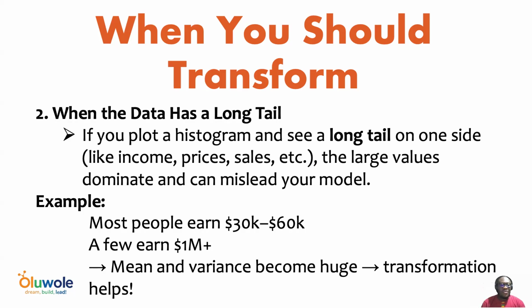If you're not careful, your model thinks that, wow, there are a lot of big values. So you can see an example. Most people earn between 30K and 60K, and if you earn 1 million, if you're not careful, your model tends to go to where you have that 1 million because it is a larger figure. So your mean and variance become very huge.